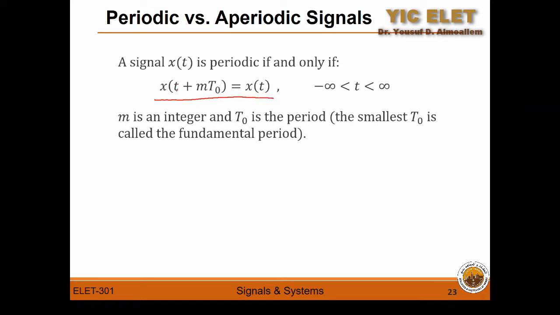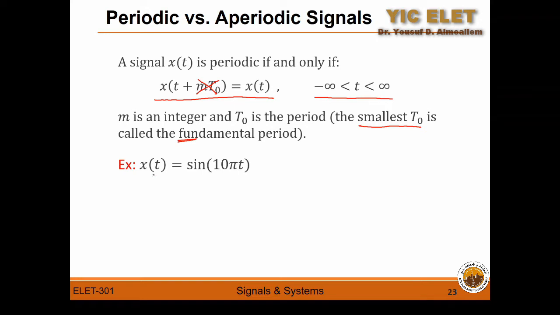If we add to the t m, which is an integer, times a period t naught, it will give the same value of x of t. And this is defined from minus infinity to infinity. And the smallest value of t naught is called the fundamental period.